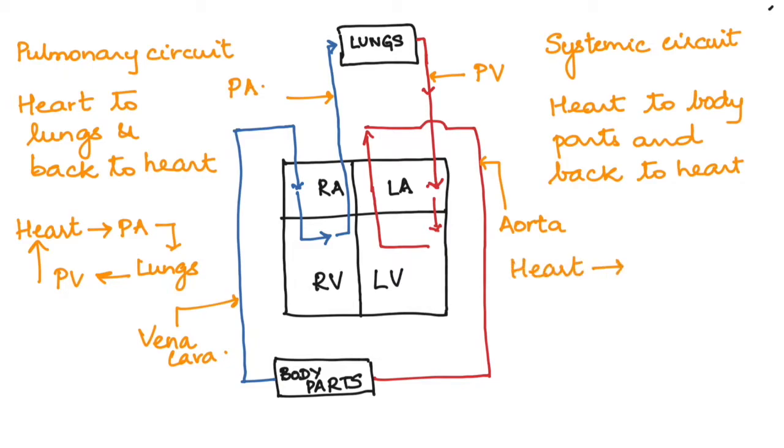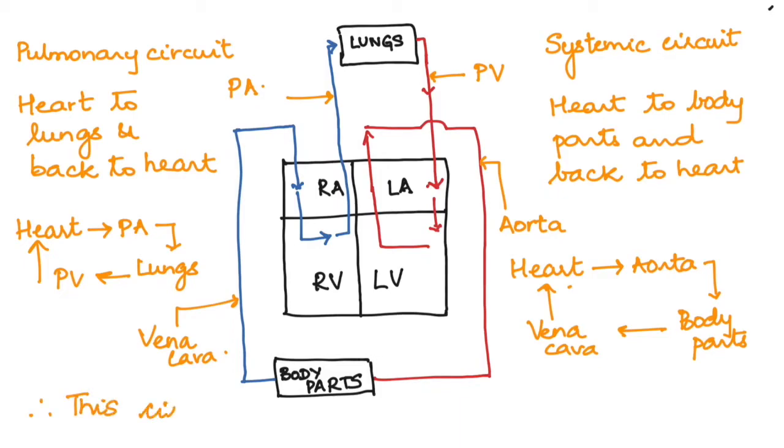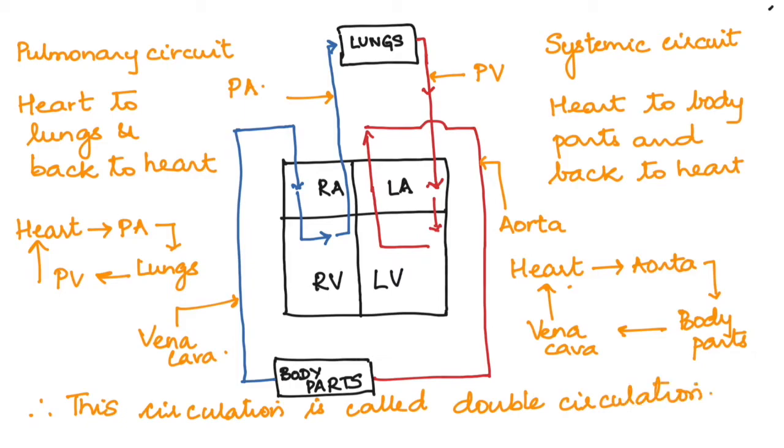This oxygenated blood, which reaches to all the body parts, then moves through the vena cava to reach back the heart. So the blood that is moving from the body parts and reaches to the right side is the deoxygenated blood. So here we can see that to complete one circulation, the blood flows through the heart twice. This is called as double circulation.